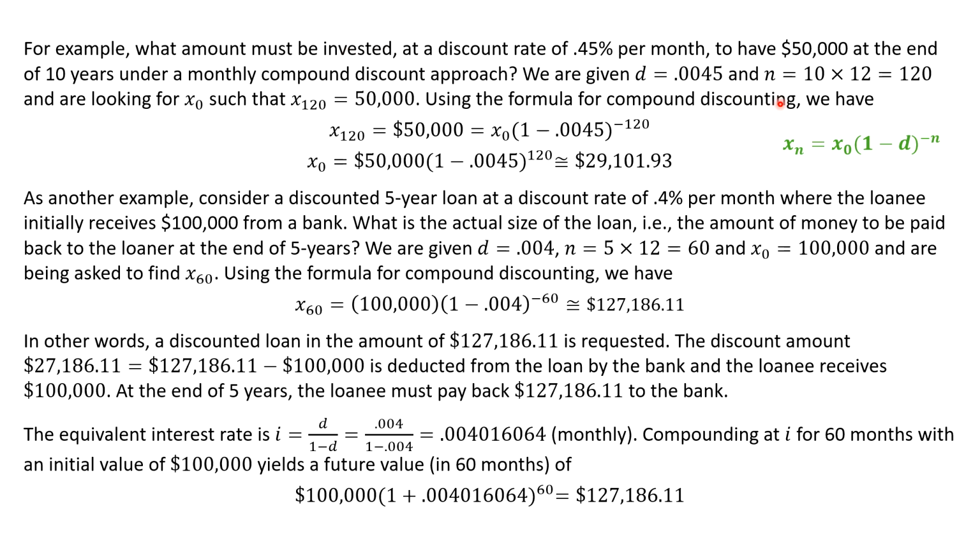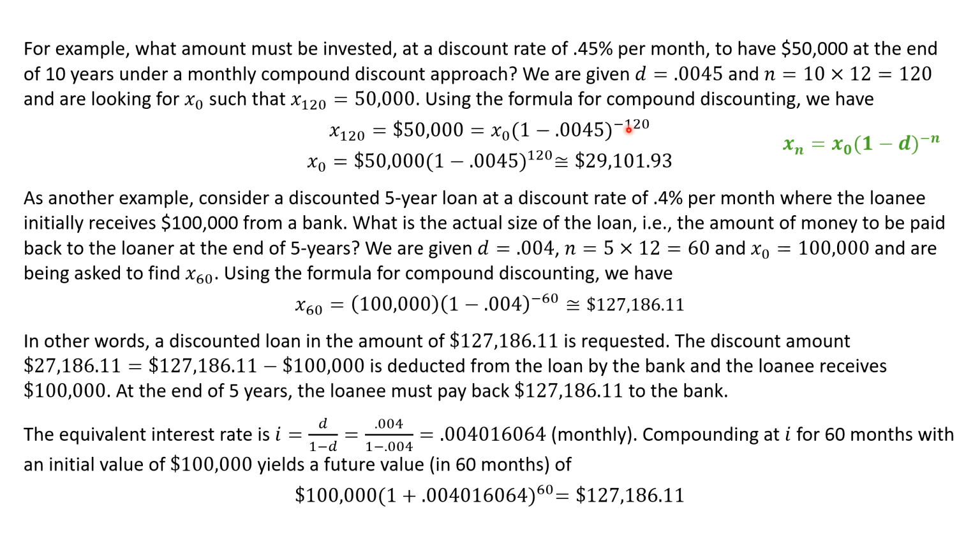So we're given the effective discount rate, which in terms of a decimal is 0.0045, and the number of periods is 10 years and monthly, so it would be 10 times 12, 120. And we're looking for the initial amount so that at the end of the period of 10 years, we have 50,000. So we use our formula here. We're given x0, d, and n.